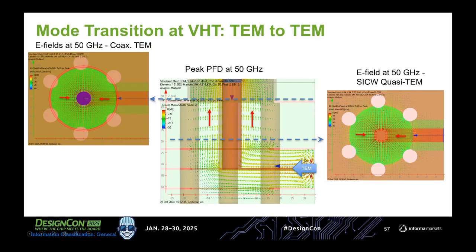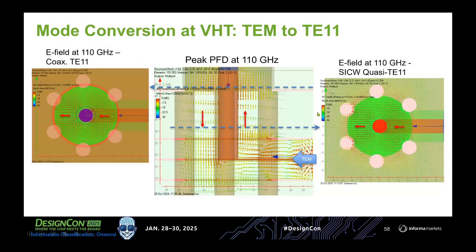But this is a picture of how the transition from horizontal to vertical takes place. So we have quasi-TM mode here, and it gets into quasi-TM mode of basically a coaxial waveguide, almost coaxial waveguide. So field direction you can see from here, from here to here, like in coaxial waveguide.